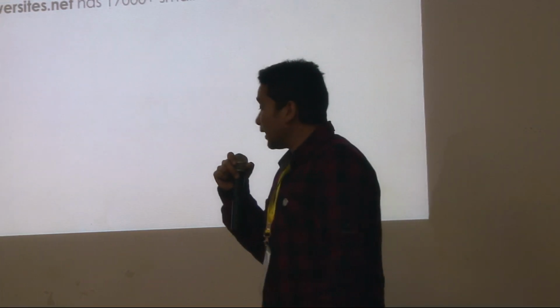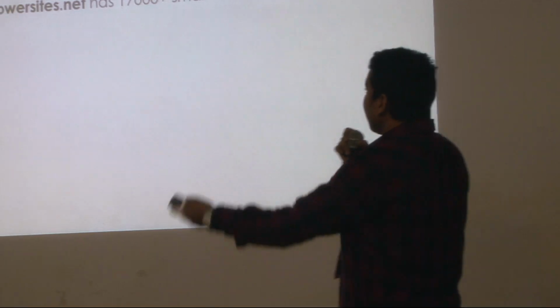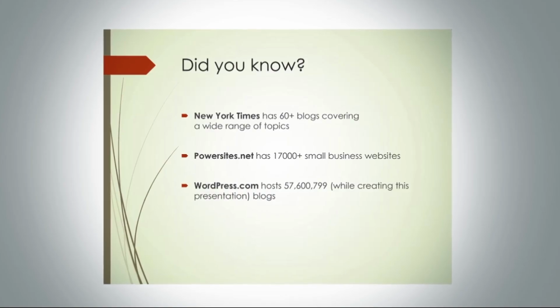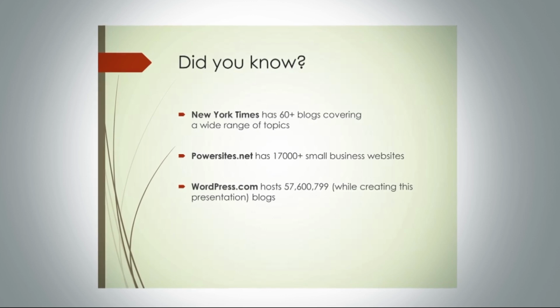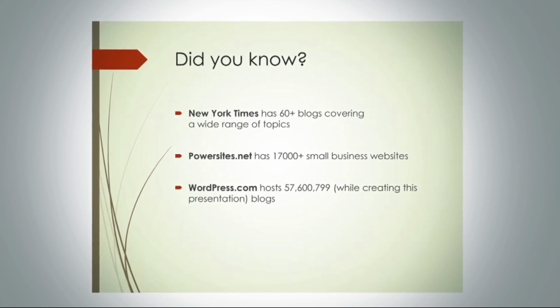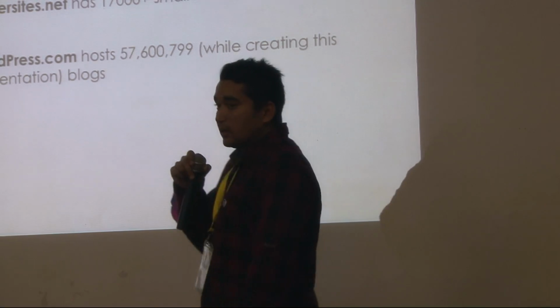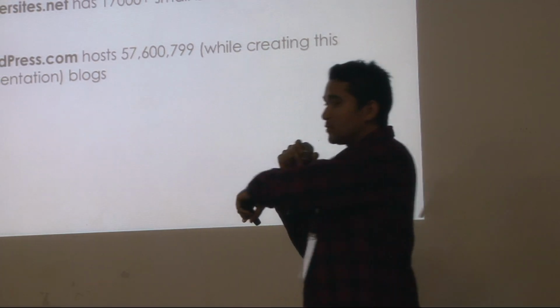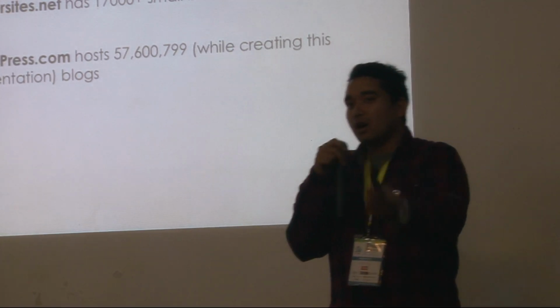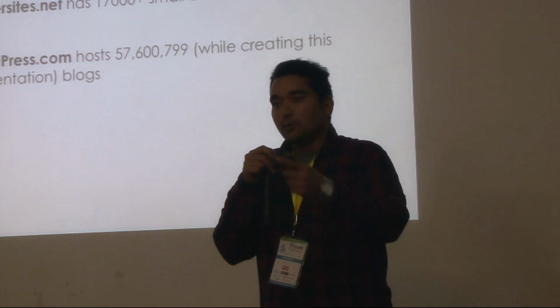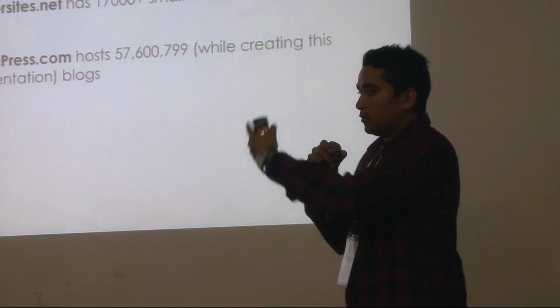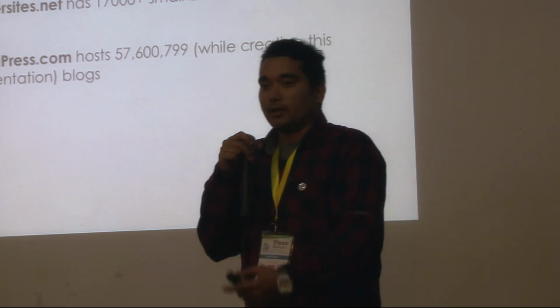Just 3 things, and you're done with the site. And if you think this is used, this is humongous. WordPress.com has 57,600,799 websites as of when I prepared this presentation, 12 hours ago, and it has probably gone up by 200 or 300 already.